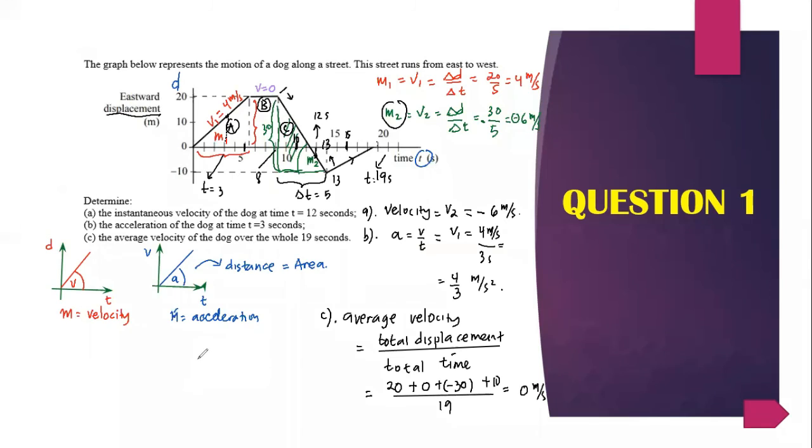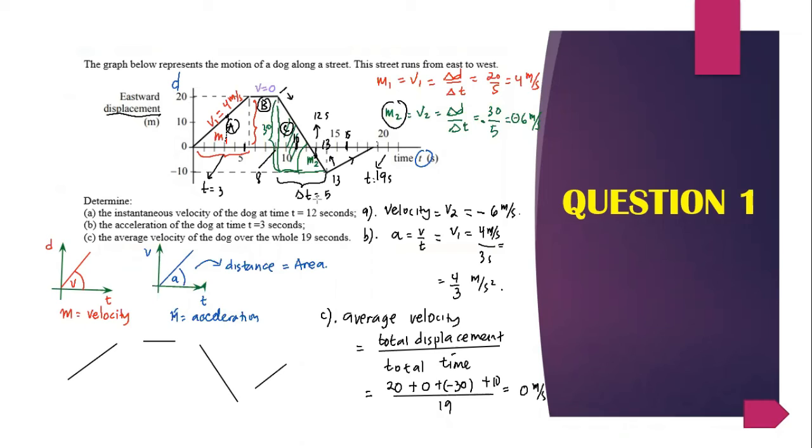Okay, once again, how to find displacement. The first graph is this. I want to show you how to find displacement: the first, the second, the third, the fourth. Is it clear to you?